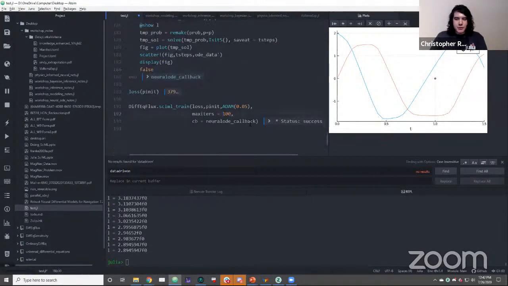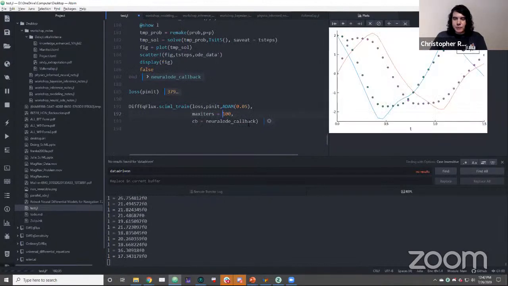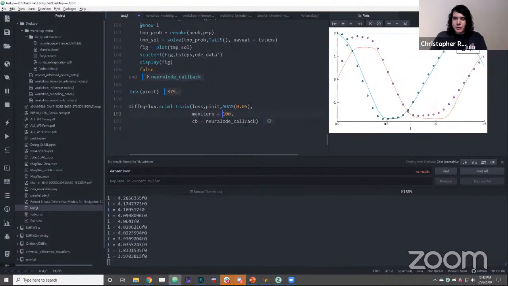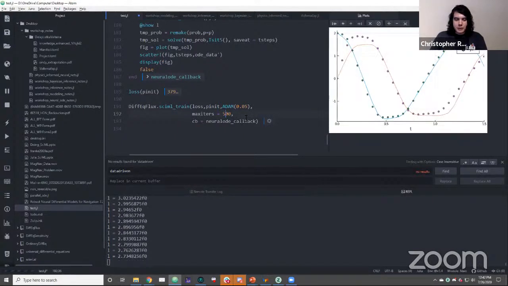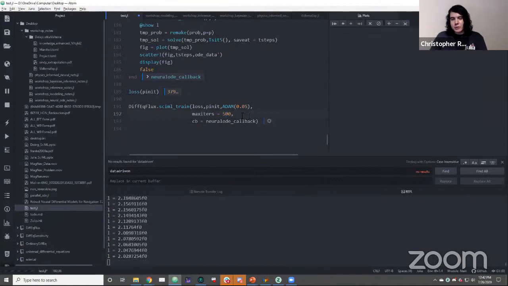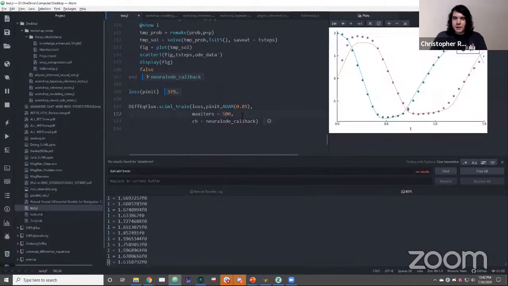So here now I fix my callback, and now here I see it doing this. And then what it will do is it'll keep on moving until it finds the right function for that. So here, let me throw this up to 500 iterations, and you'll see how fast these things do fit before we start to optimize it. So we'll optimize this in a second.